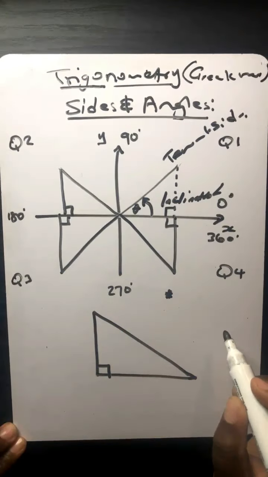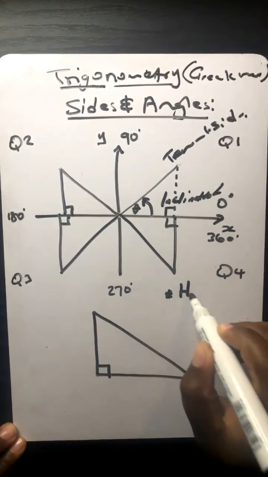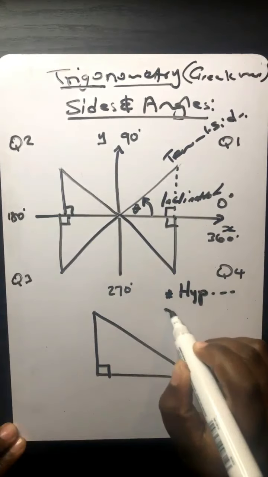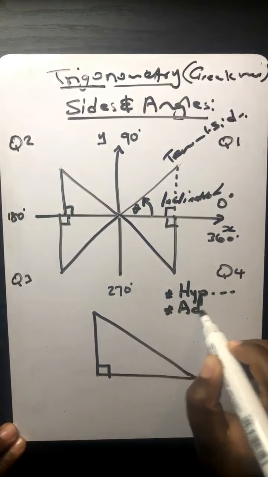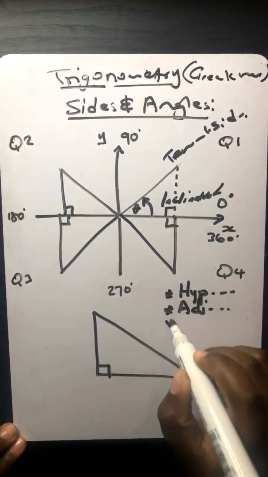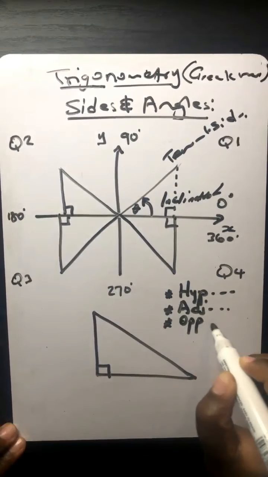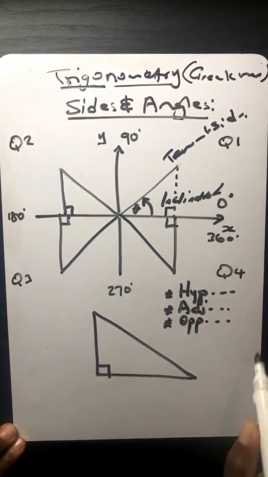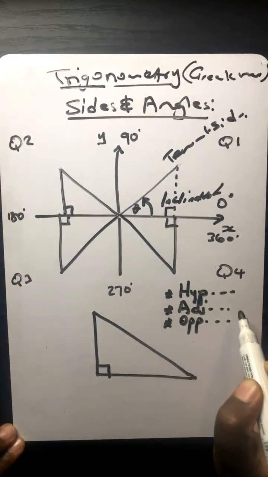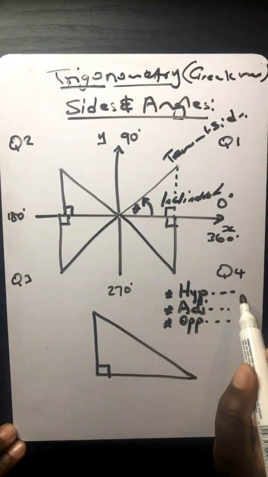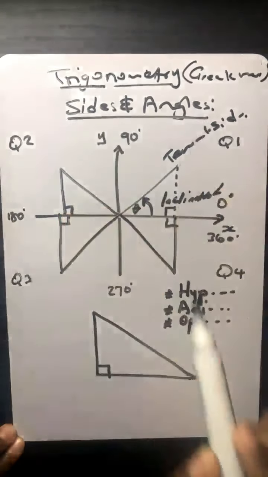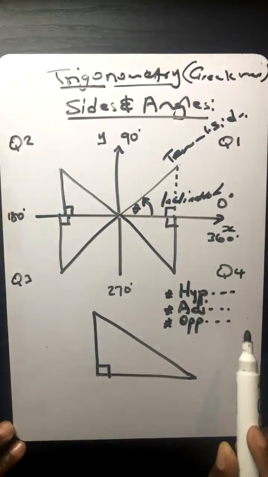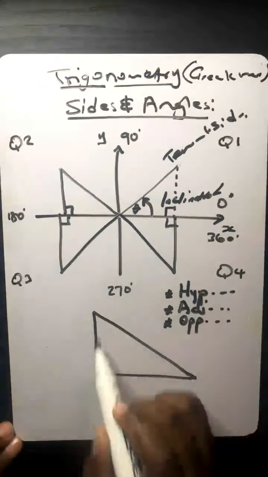We have the hypotenuse, the adjacent, and the opposite. Of course, we expected three names because we are dealing with a triangle which has three sides and, most importantly, three angles.